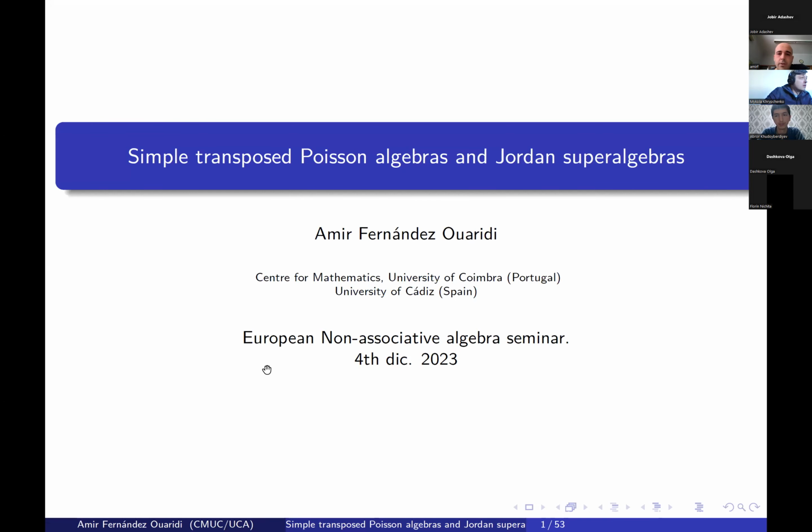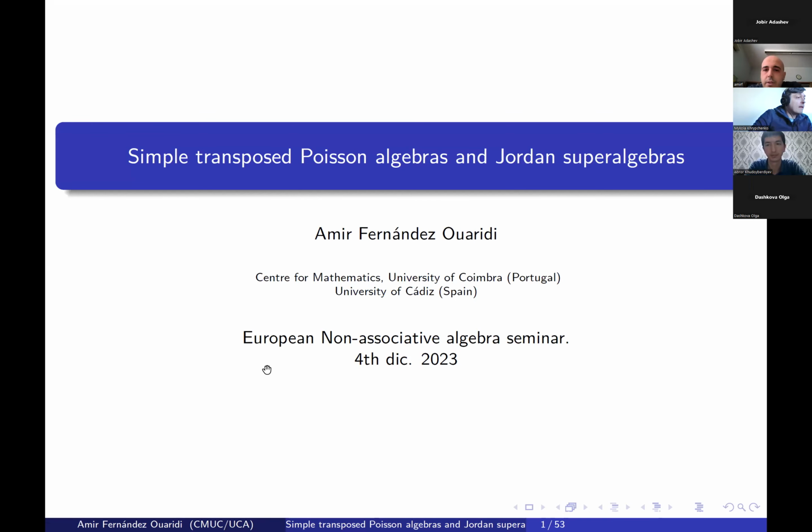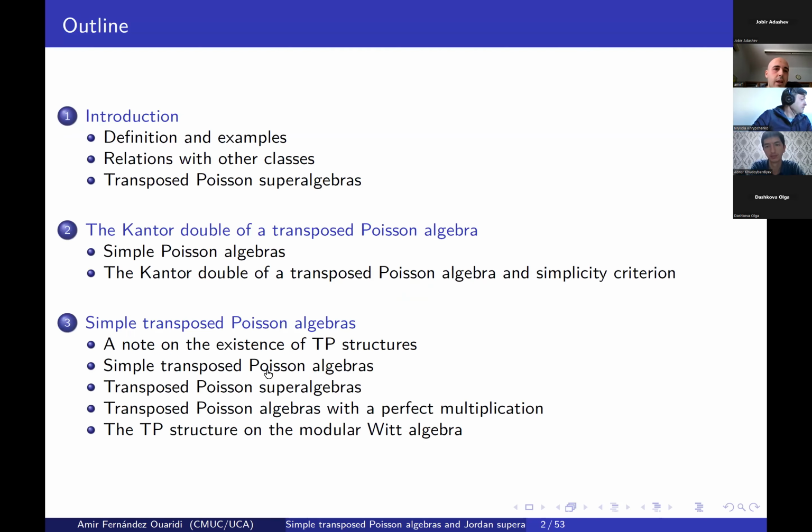Okay, so thank you very much for the invitation. I'm going to talk about simple transposed Poisson algebras and Jordan superalgebras, as you have said. I have structured my talk in 3 parts. In the first part, I'm going to introduce some definitions and relations with other classes.